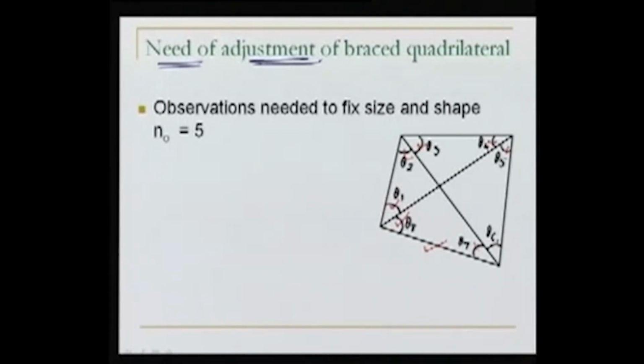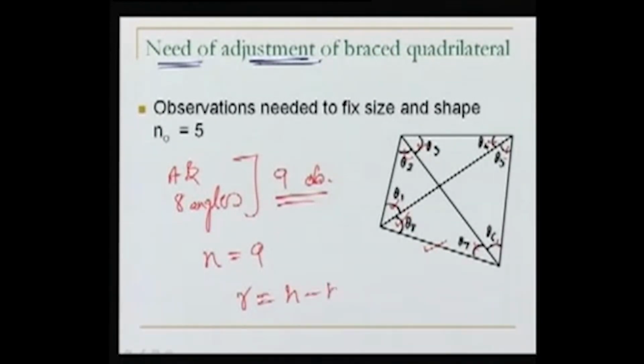So rather we are observing one length AB plus 8 angles. So how many observations have we taken here? In order to do this base quadrilateral, we have taken 9 observations. So from here we know the redundancy, because n is 9 here. So redundancy here is n minus n naught, that is 9 minus 5, and that is 4.